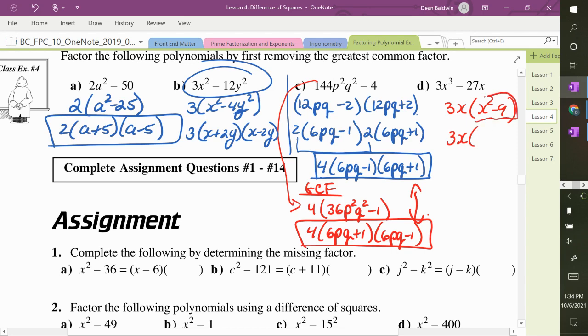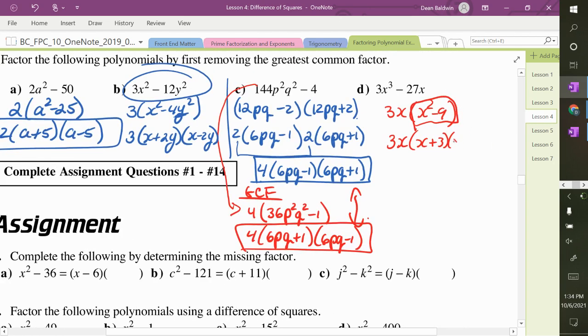What does this turn into? x minus 3, x plus 3. And that is it. Okay, so always factor until you can't factor anymore.